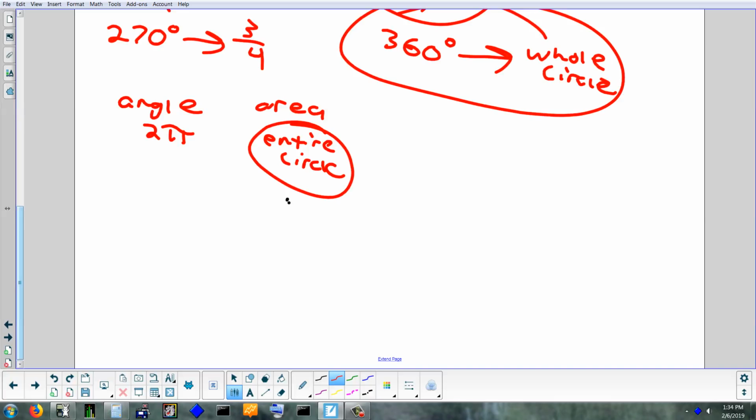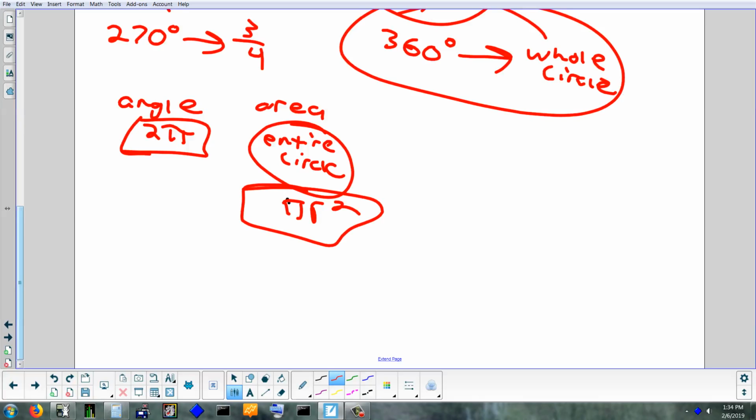Yes, 2 pi. So that's the circumference. So circumference is 2 pi, but it does have pi in it. Any other guess what the area is? Yep. Pi r squared. So here is the connection you can plug in.